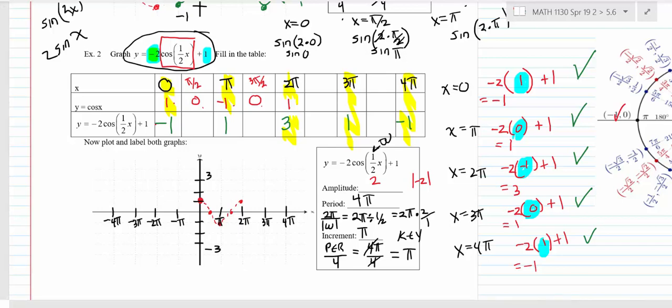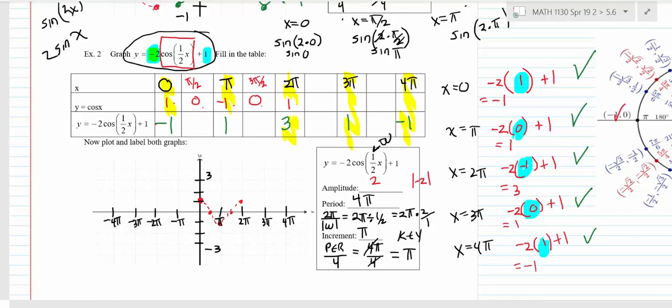What I'm trying to get you to understand is what happens since the period changed. The key x values are 0, pi, 2 pi, 3 pi, 4 pi. But you're just manipulating the basic numbers on a cosine graph to get the final product. So it's really arithmetic when you get right down to it.